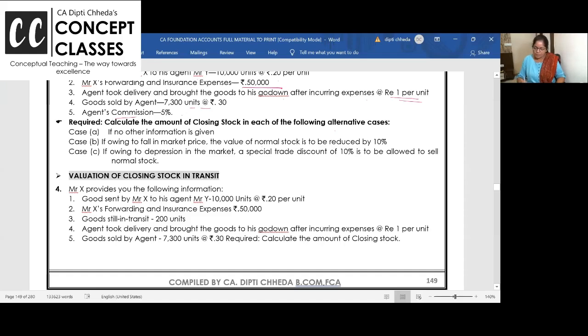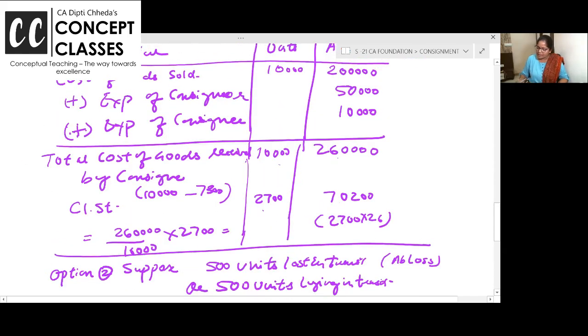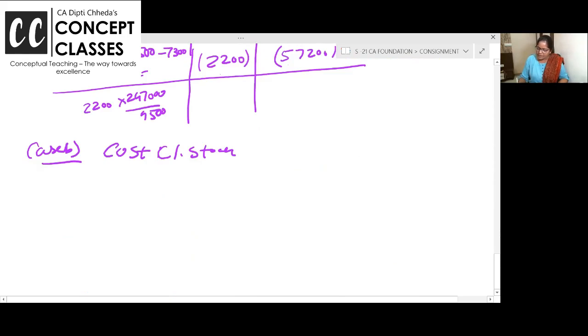If owing to fall in market price, the stock value is reduced by 10%. So cost or NRV, whichever is lower. What is the cost of closing stock in the original case? In the first case, how much came as closing stock? 70,200. Market value is 10% less, so market value is 90% of 70,200. 90% of 70,200 is 63,180.